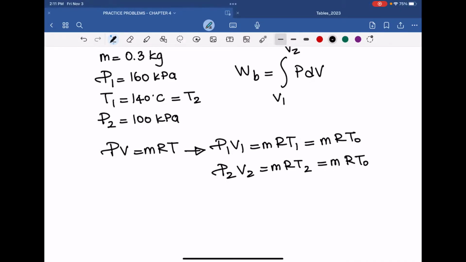And what we can do is basically solve this ideal gas equation for the pressure, to know the function of how it depends on the volume. If we look at it, pressure is equal to mRT over V. So I can plug this into my integral.